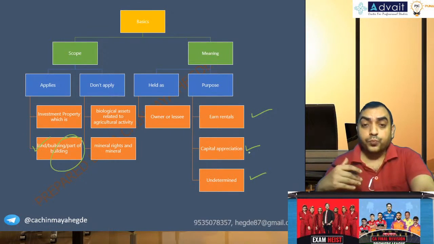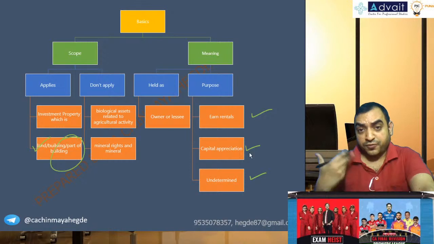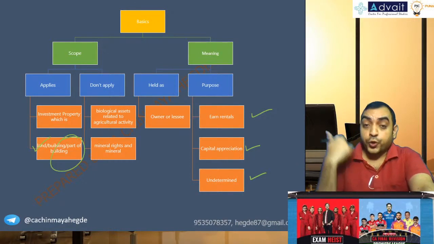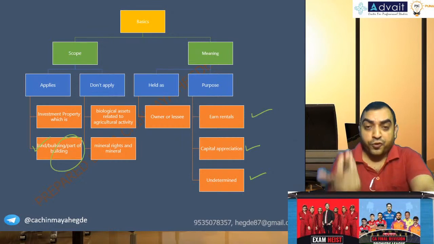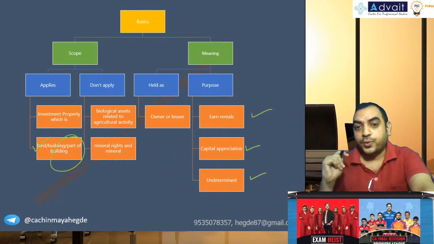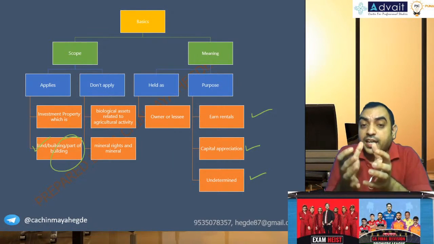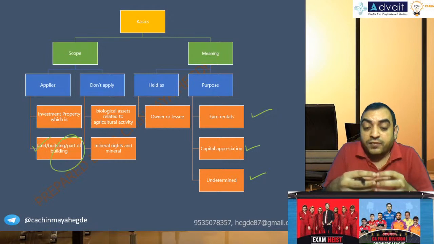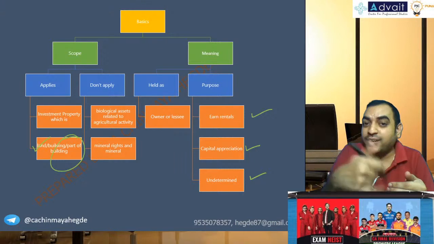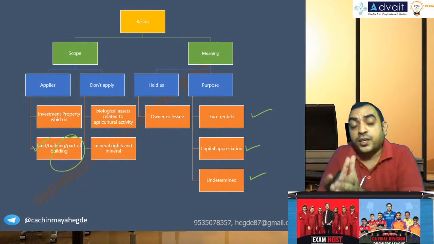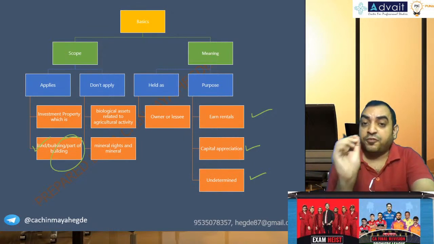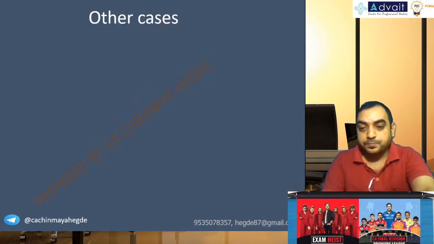If it is a real estate company using it for real estate purposes, that becomes Ind AS 2. If you're using it for your own business, like administrative purposes or manufacturing, then it becomes Ind AS 16, property, plant and equipment. When you're holding it as an investment, just like you have investment in shares where you get a dividend or plan to sell and make a profit, when you invest in property, that is called investment property, only relevant for land and building.